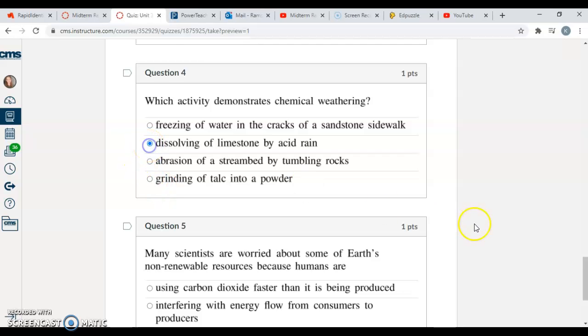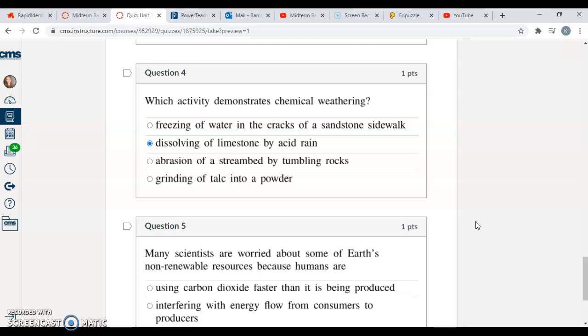So for this one, we should have chosen B, the dissolving of limestone by acid rain. Again, anytime we see something is dissolving or color is changing, that's going to be an indication of chemical weathering. The rest are all physical, and I think we actually did this one as a warm-up. But freezing water in the cracks of a sandstone sidewalk, that's frost wedging.